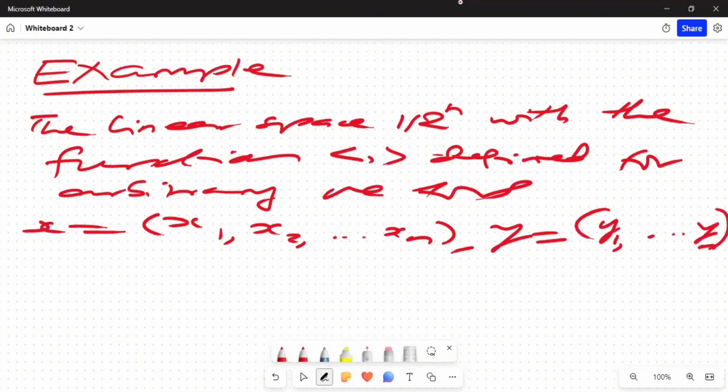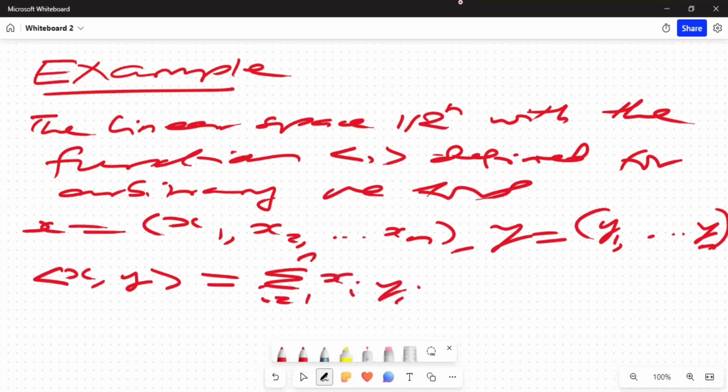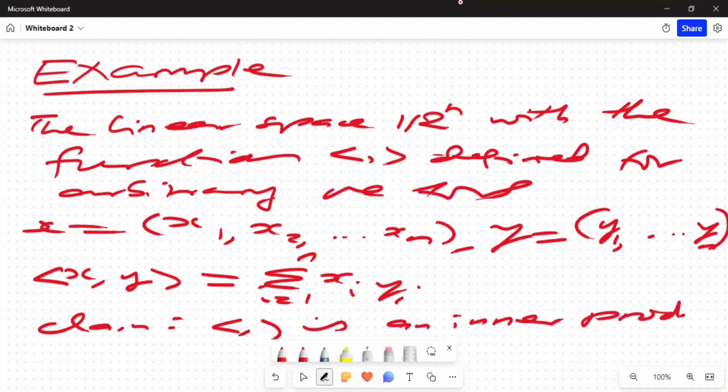If we now do the inner product of x comma y, we define it as follows: the inner product of x comma y is the summation, i running from 1 to n, of xi yi. We claim that the inner product so defined is an inner product on Rn.